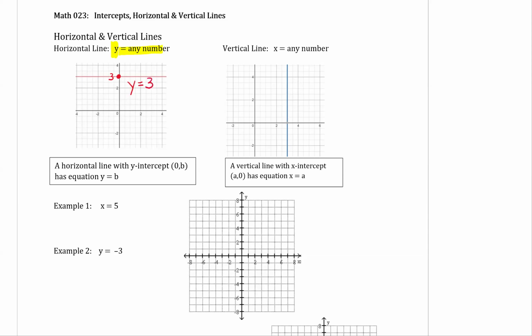So this would be y equals 3. And in the box, a horizontal line with a y-intercept of 0, b has an equation of y equals b. So I could have written the y-intercept as 0, 3.